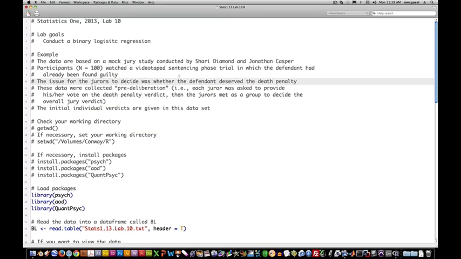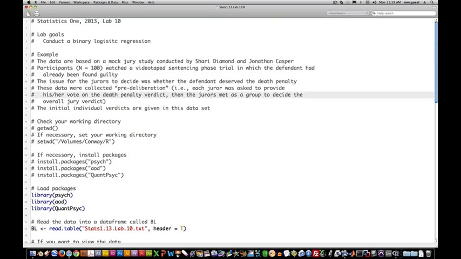This may seem odd for some of you not in the United States, but in some states here we still have the death penalty. Often jurors have to decide whether a guilty defendant should get the death penalty or just a life sentence in prison.